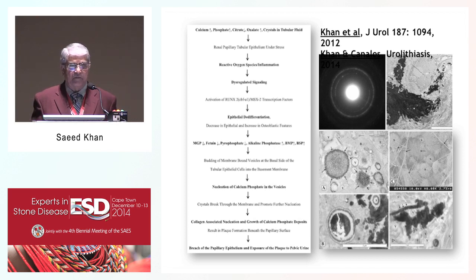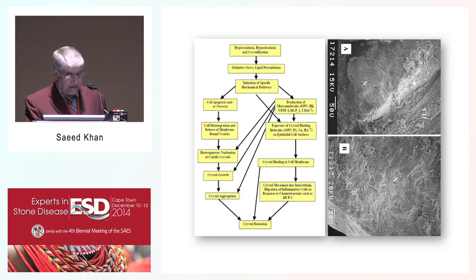If that calcium phosphate deposit is happening at the collecting duct or in the loop of Henle, it will turn into a Randall's plaque, and this way reactive oxygen species become involved with Randall's plaque.